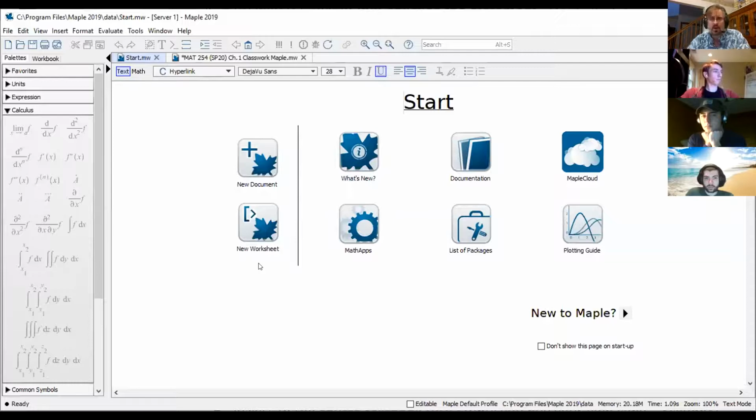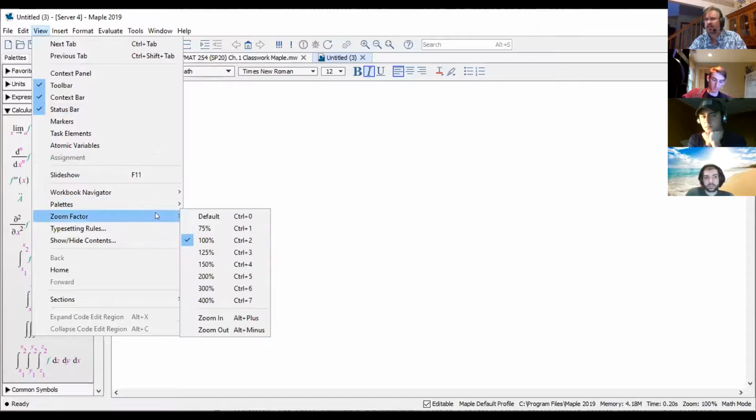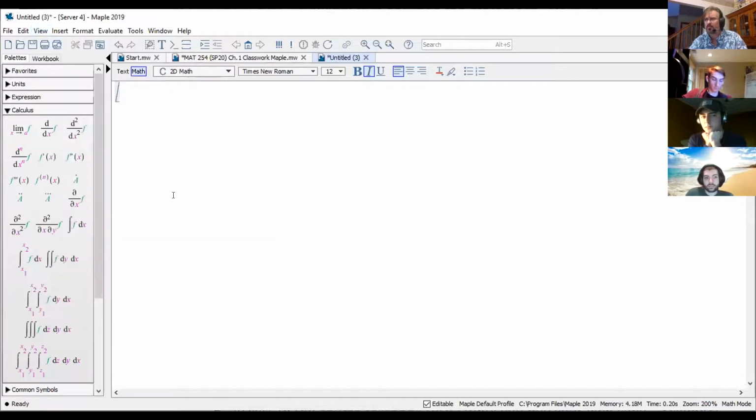So some of you are practiced with Maple and you might be comfortable with using worksheets. In this class, more useful will be documents, because in a document, you can toggle back and forth quickly between regular text and Maple input, the math stuff. So I'm going to bump up the size of the zoom here so that you can see my screen a little bit.